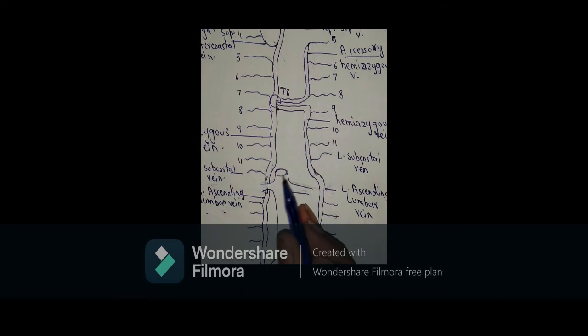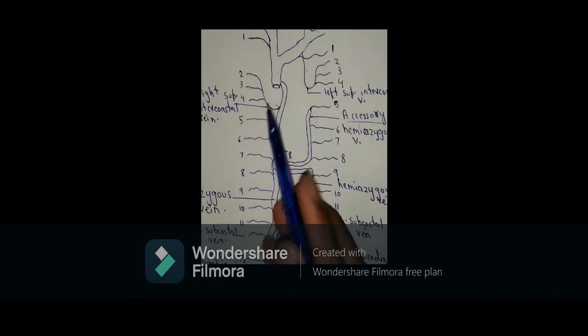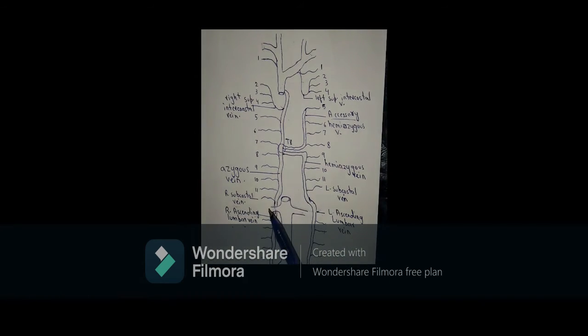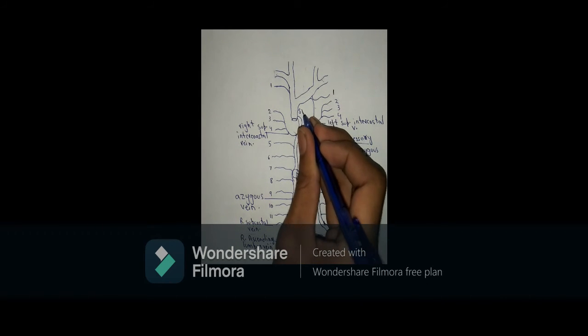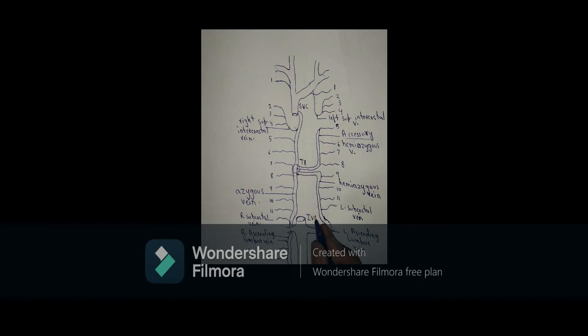So this was the inferior vena cava, and this right here was the superior vena cava. Okay, let's zoom out. This was the superior vena cava and this was the inferior vena cava.